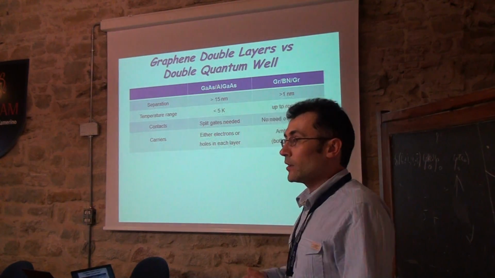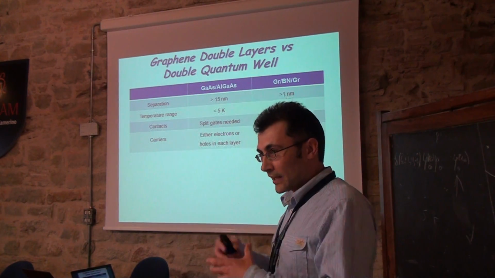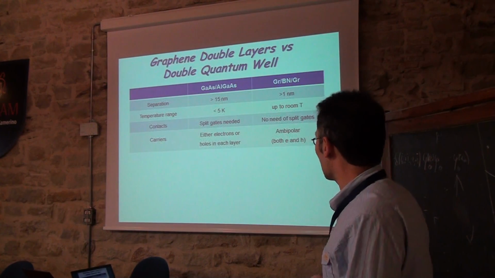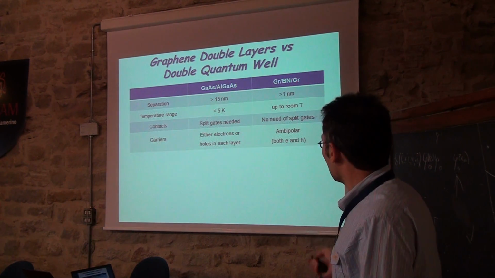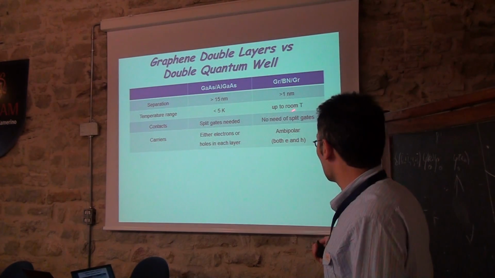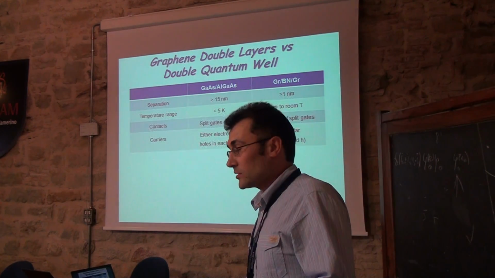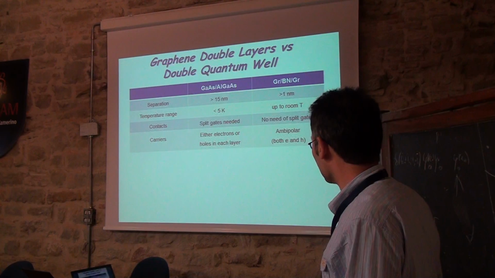So in order to make two-dimensional electron gases still interacting but not tunneling, the smallest separation in gallium arsenide is 50 nanometers, while in our heterostructures it can be down to 1 nanometer, a factor of 10. And because interaction is related to interlayer distance, we have much stronger interaction in graphene systems.